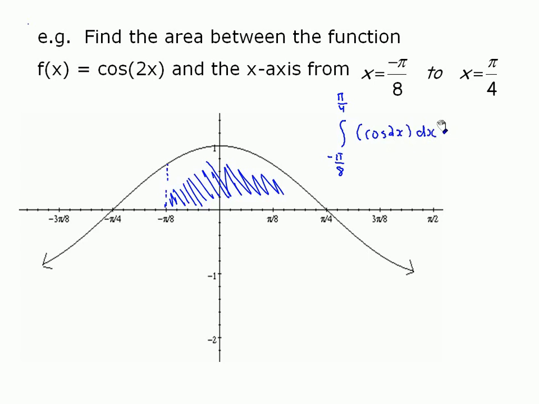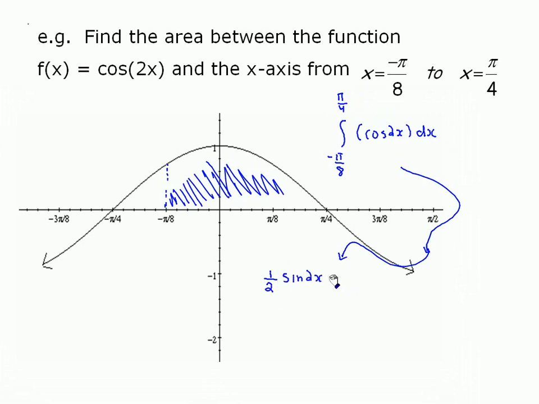So when we do this, be careful because this is going to give you the antiderivative of cos 2x. The antiderivative of cos is sine 2x, but then you also have to have that factor of 1 over 2 in front.